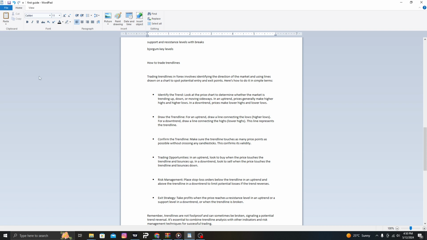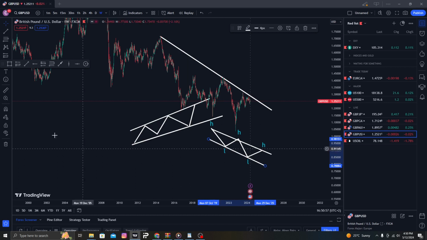Identify the trend: look at the price chart to determine whether the market is trending up, down, or moving sideways. I didn't explain the sideways one because it is basically what I was teaching yesterday, which is support and resistance.